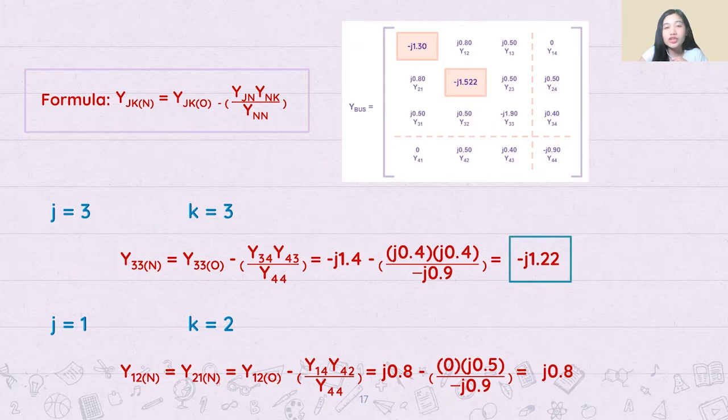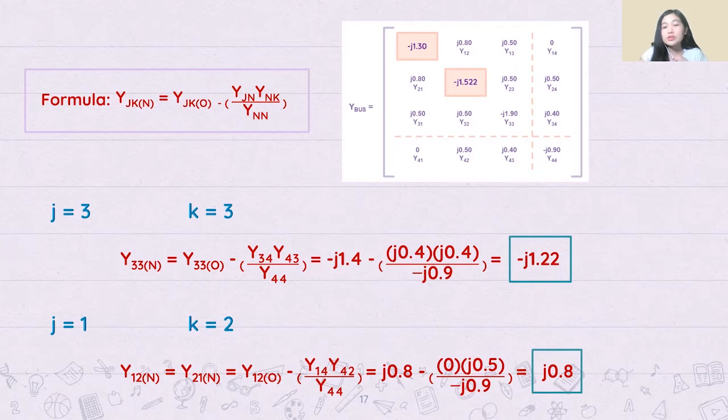So, here I prefer to just input y sub 1,2, yung old, minus ang ating y sub 1,4 times y sub 4,2 all over y sub 4,4. So, substituting it once again, y sub 1,2 natin or 2,1 is equivalent to j 0.8 minus yung ating y sub 1,4 na 0, y sub 4,2 na j 0.5 all over negative j 0.9. And yung kanilang difference will be equivalent to a final answer of j 0.8.